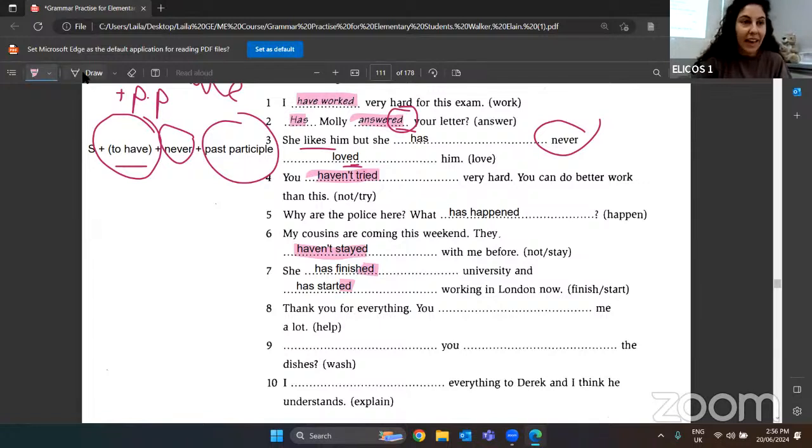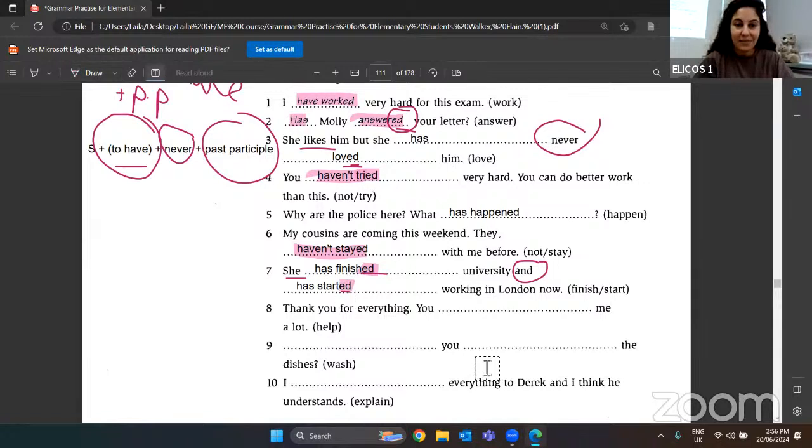Yes. So remember with pronunciation. Now, when we have "and", we don't need to repeat the subject. You don't have to put the subject because it's the same subject. So whenever you have "and" and you're attaching another action, you don't have to repeat the subject. So that was good. You said "and has started working in London now."